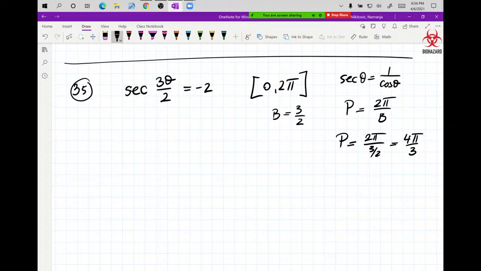Now, when we draw, and this is a good review also for your chapter 4 graphing of trig functions, when we draw the secant and cosecant graphs, we actually draw sines and cosines and then flip them inside out.